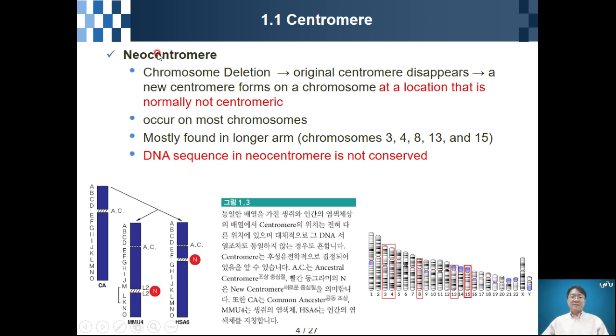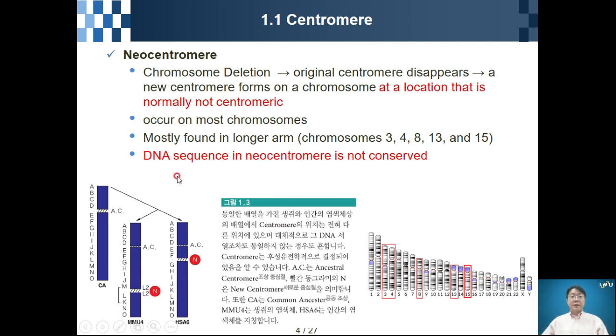The neocentromere occurs on most chromosomes, but it is mostly found in the longer arms of chromosomes 3, 4, 8, 13, and 15.